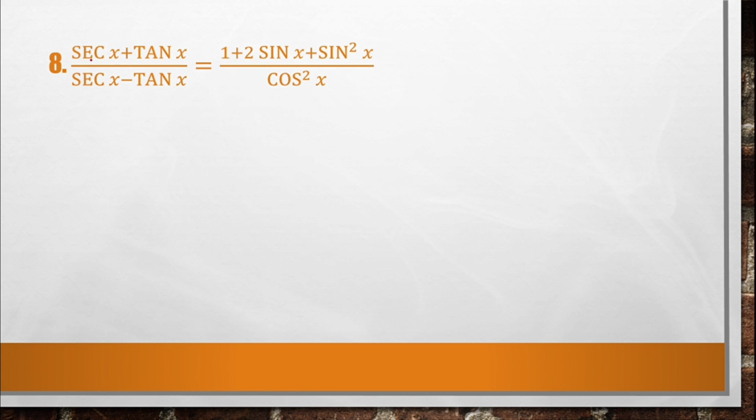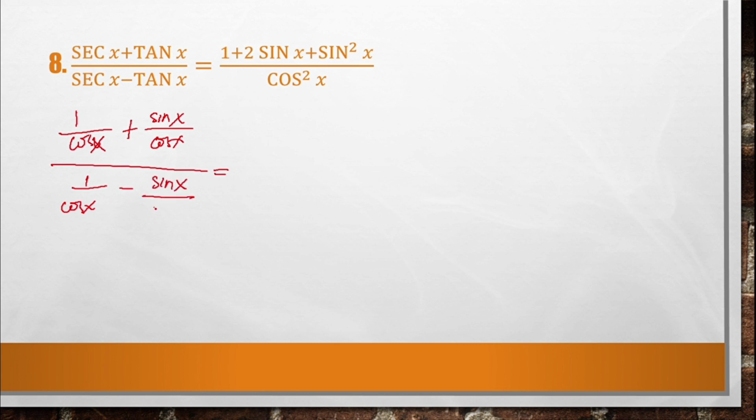In this case, we have here 1 over cos x plus sine x over cos x, over 1 over cos x minus sine x over cos x. So I have to move this part. This is an identity, which is a plus b squared.